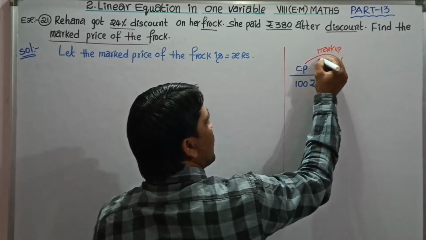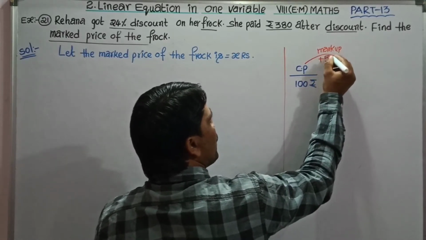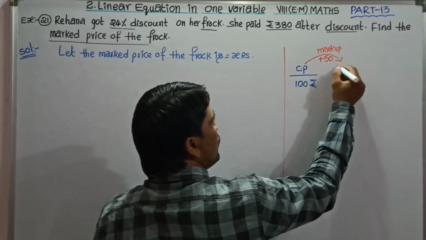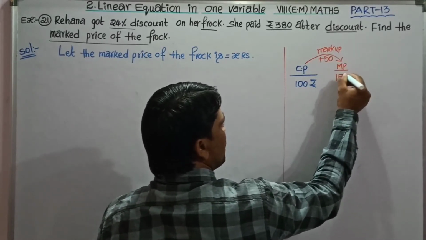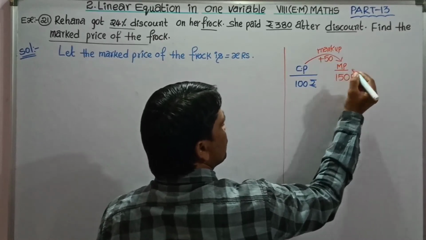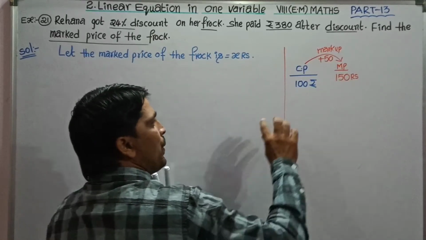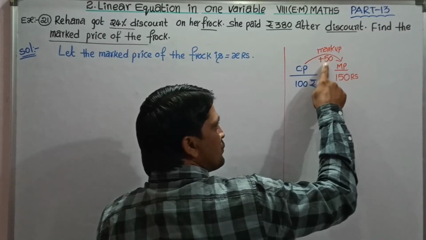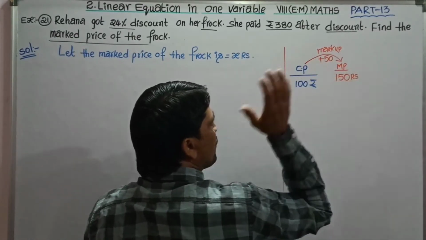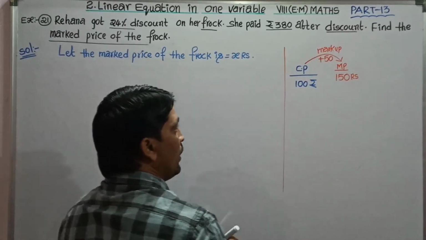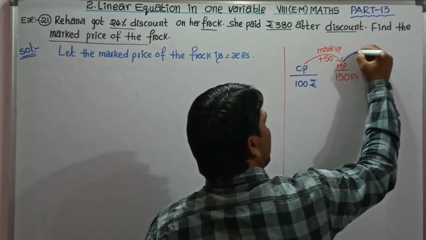That means the company adds 50 more rupees on cost price to decide its market price. So the market price is 100 plus 50, 150 rupees. Now the shirt is in the market.